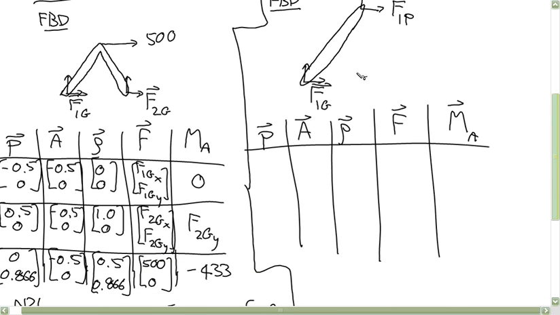Okay, so let's keep the coordinate system in the same spot. So this force F1G, where does that act? Yep, negative 0.50. And each body we isolate, we could put the about point in a new spot.